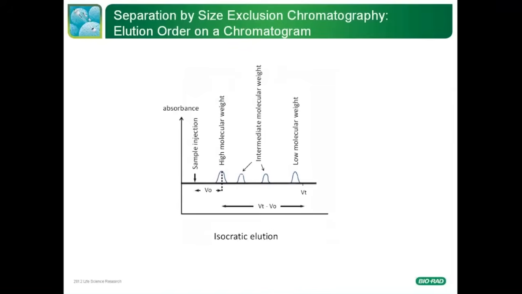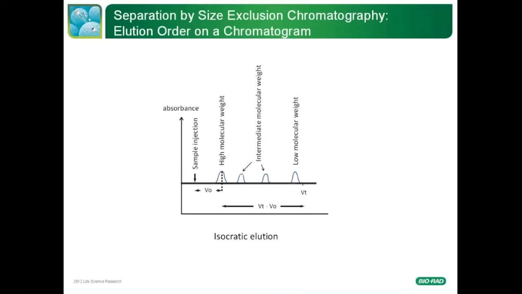In this case, retention time and elution volume are interchangeable and mean the same thing. On the left-hand part of the curve, you see where the sample is injected, and then at the end of the void volume, you have the high molecular weight biomolecules coming off first because they didn't enter the particles.